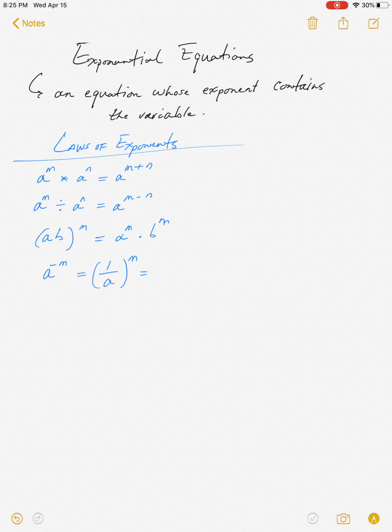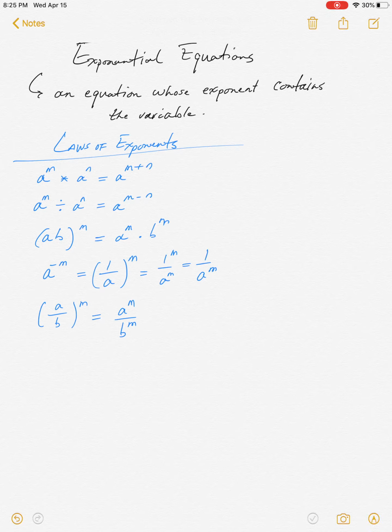That equals 1 to the m over a to the m, which is equal to 1 over a to the m. I feel like that one needs additional breaking down, that's why I went through it. I didn't go and do the quotient to a power though. A over b raised to the m is equal to a to the m over b to the m.